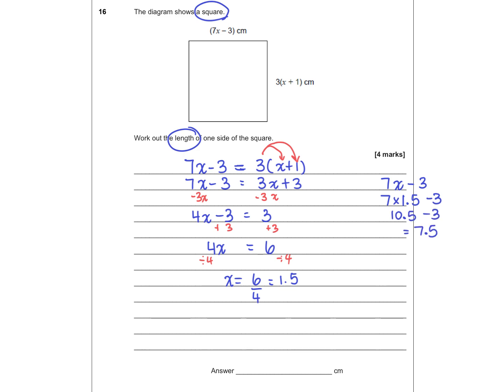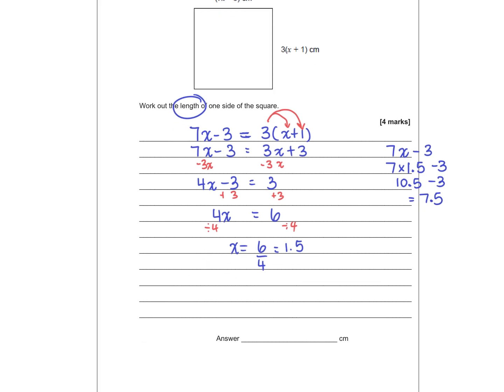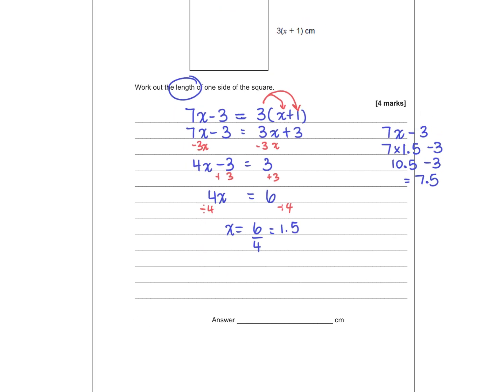So one side length is going to be 7.5 centimeters long. If you had chosen to substitute it into the other one, it would still work. 3 bracket 1.5 plus 1, which is 3 times 2.5, which is still 7.5.